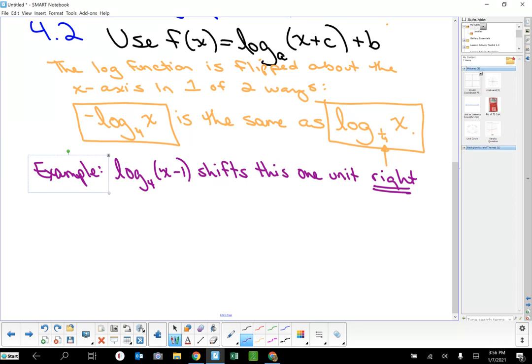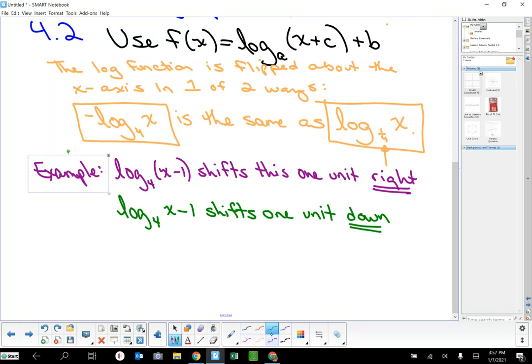Right, because what's changed is the c inside the parentheses, and those get shifted in the opposite direction of the sign. How about this one? Log base 4 of x, minus 1. No parentheses, which means it has no c value. It would be 0. So that minus 1 is a b, which is a vertical shift. And those get shifted in the same direction as the sign. So this gets shifted 1 unit down. Okay, because that's a b value.